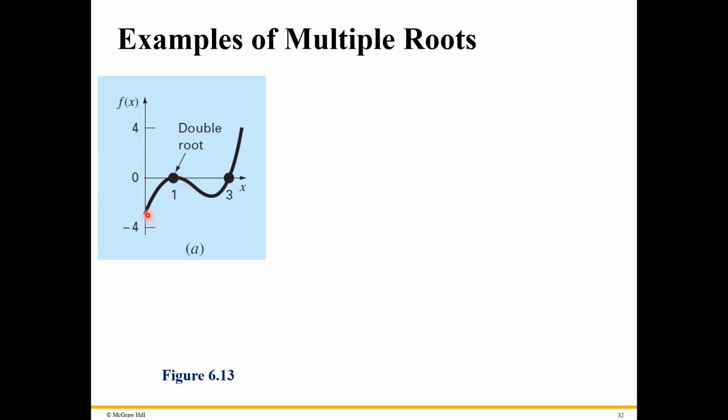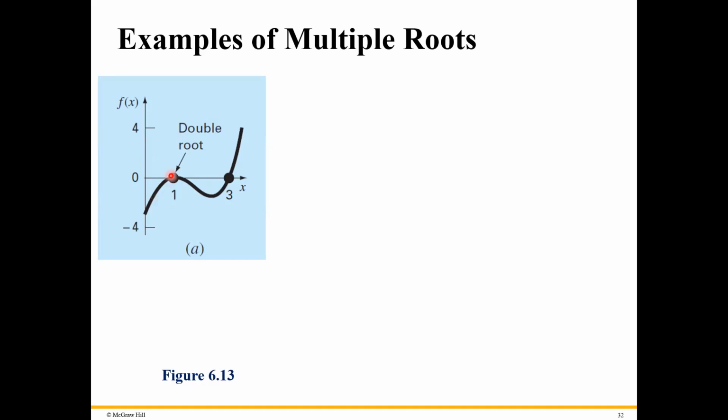So this is a situation of a double root. Just by looking at the graph, it is sometimes difficult to say whether it is a double root, a triple root, a quadruple root, or any other type of root.